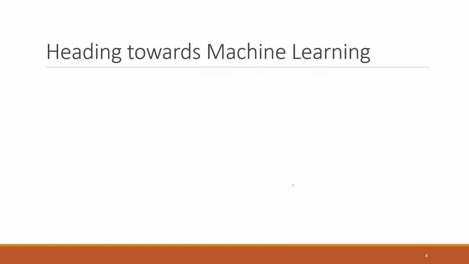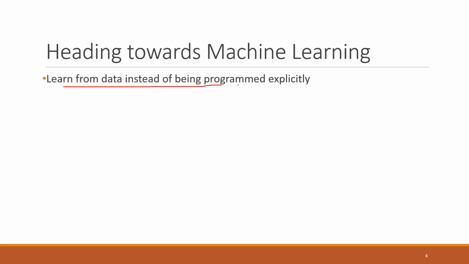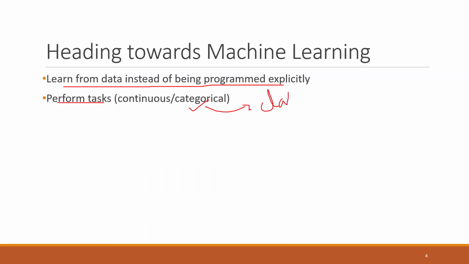Okay. So in machine learning, we discussed that we learn from the data instead of being programmed explicitly. This is the definition of machine learning. The output from the task performed by machine learning can be either categorical, which means a classification task, or continuous.